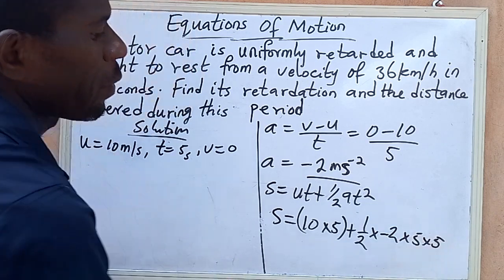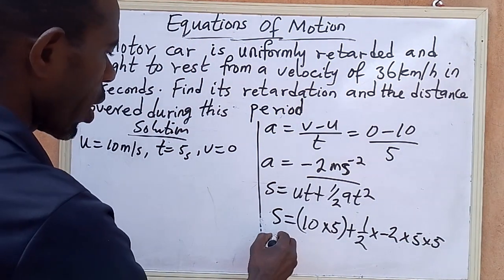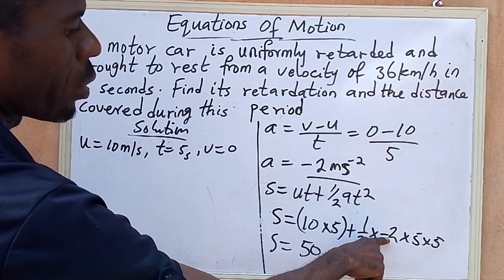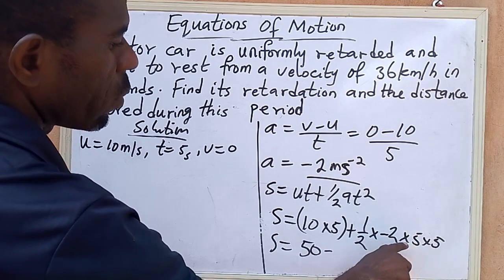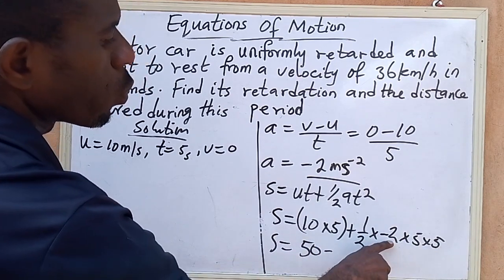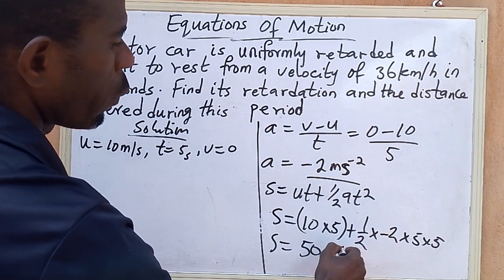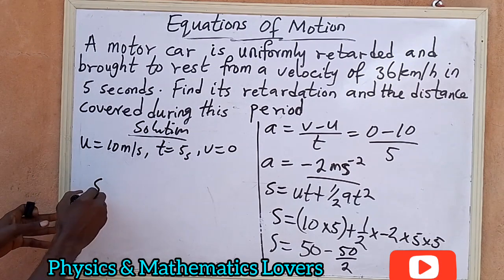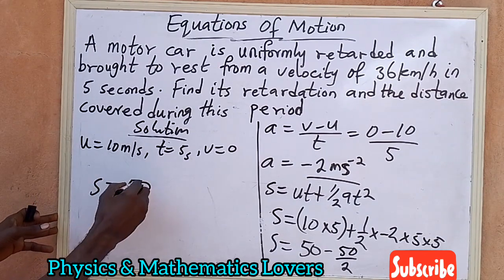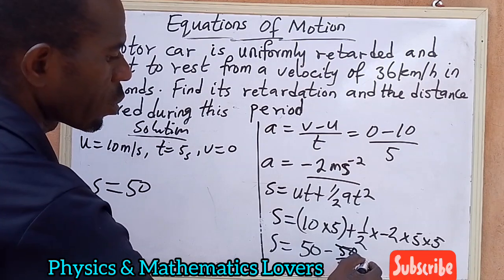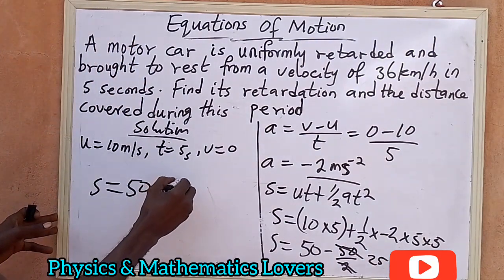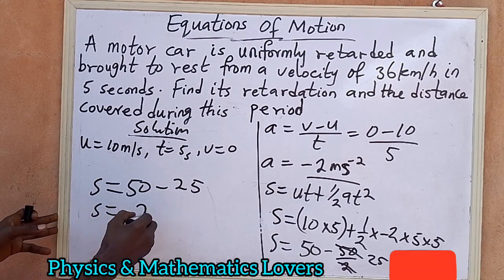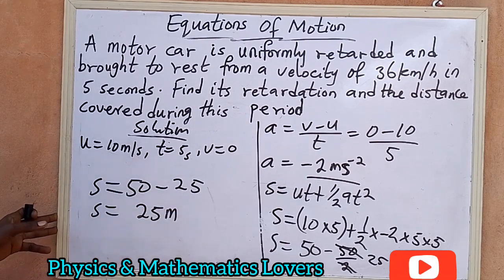So we have s equal to 50, then automatically this becomes minus 5 times 5 is 25, times 2, that is 50, all over 2. Then your s is equal to 50, these two cancel, that gives you 25. So 50 minus 25, then your distance is equal to 25 meters.